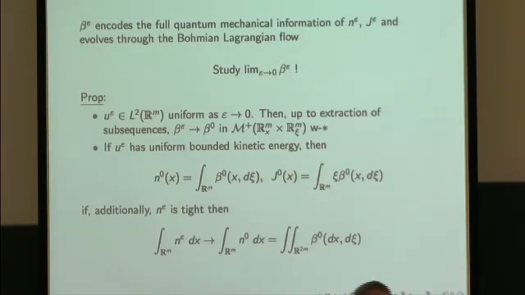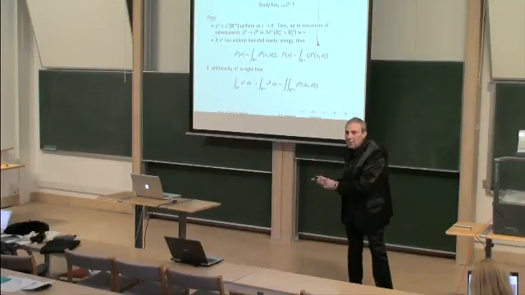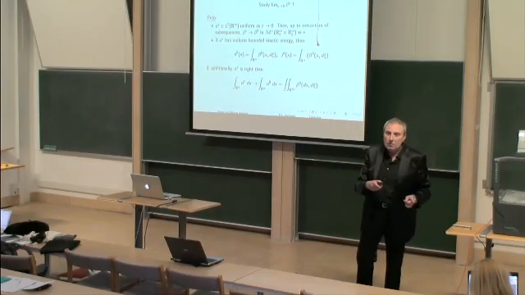Okay. So what does the Bohmian measure do? The Bohmian measure encodes the full quantum mechanical information contained in the position density and the flux density, and it evolves through the Bohmian Lagrangian flow. So it looks very intriguing to analyze the limit as epsilon tends to 0 of the Bohmian measure, and in particular, it looks very intriguing to compare that limit to the Wigner measure.